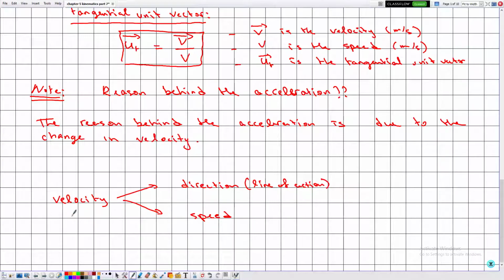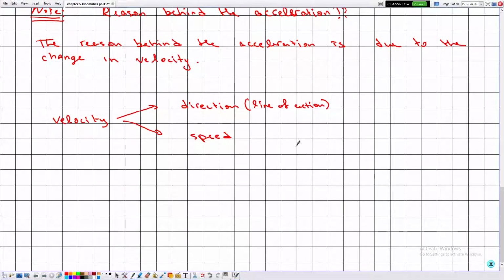So now the velocity can change in two ways. Either the direction changes or the speed changes. Whenever the speed changes, so let me say a change of speed causes tangential acceleration.